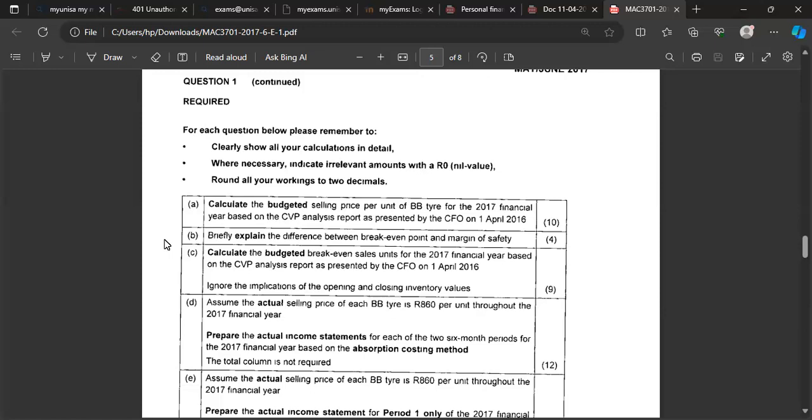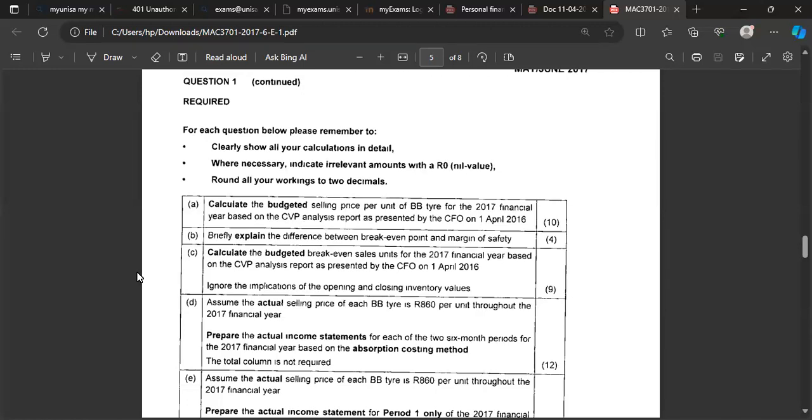Then briefly explain the difference between the break-even point and the margin of safety. Then C is: calculate the budgeted break-even sales units for the 2017 year based on that same CVP analysis report. I'm assuming that all this that I'm doing now, you'll be doing soon after you get the question paper, 15 minutes before the start time.